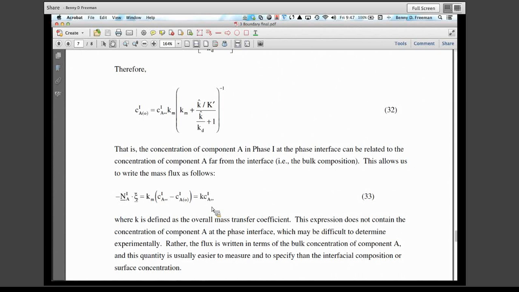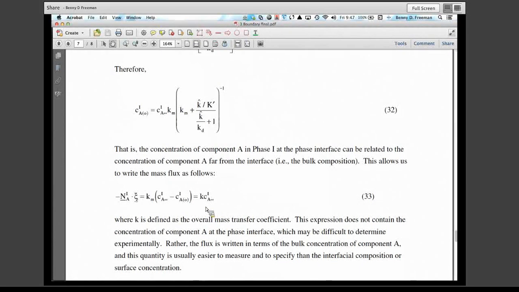The benefit of this approach is that if I have an expression for K, this overall mass transfer coefficient, then I'm able to determine the flux of A to that surface based only on measuring Ca infinity, the concentration of A in the bulk.